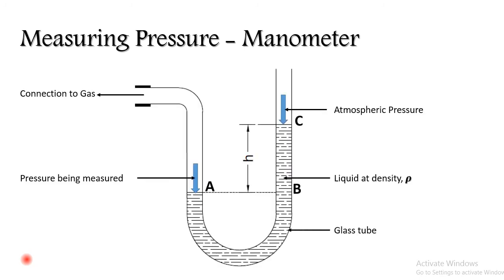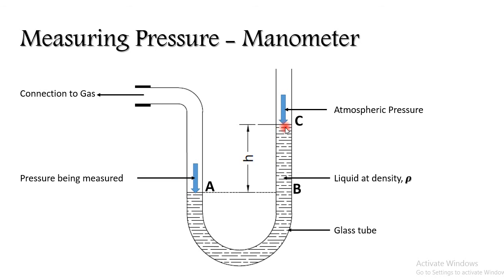So this is a manometer. It's a U-tube as it is. As you can see, this side is exposed to the atmosphere, so the atmospheric pressure will be acting on this liquid. This could be any liquid, it could be water, it could be mercury, any liquid that may be convenient to use.